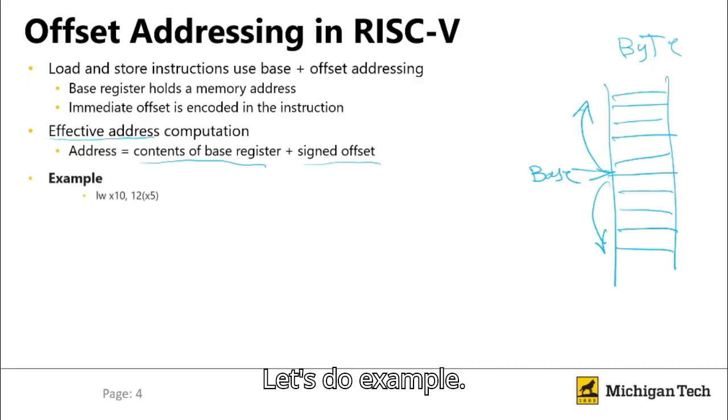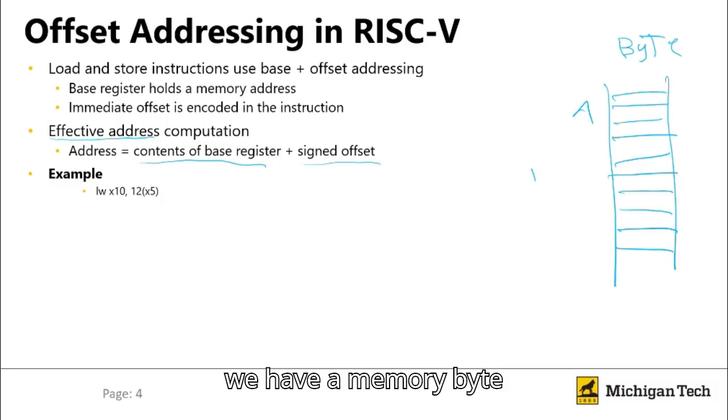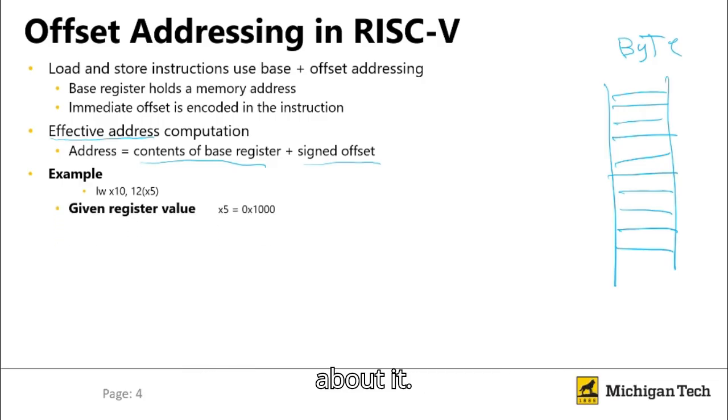Let's do an example. This example is load a word. We have a memory, byte addressable. We have more information about it.